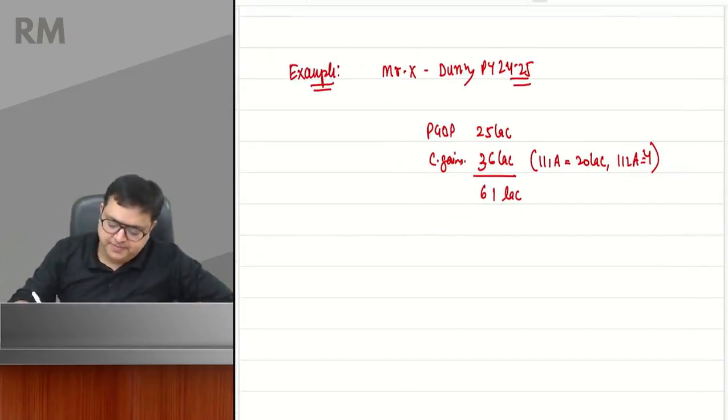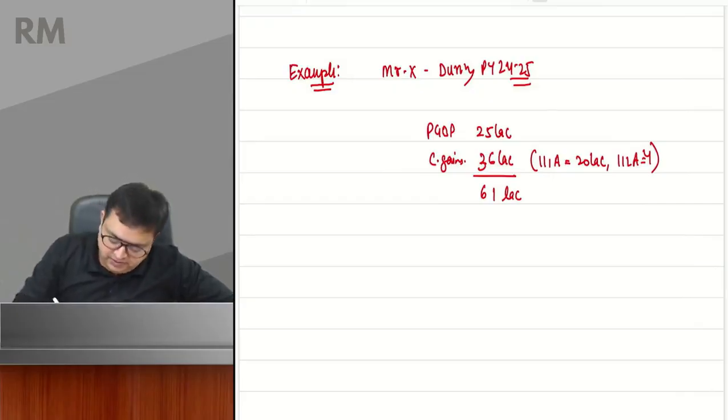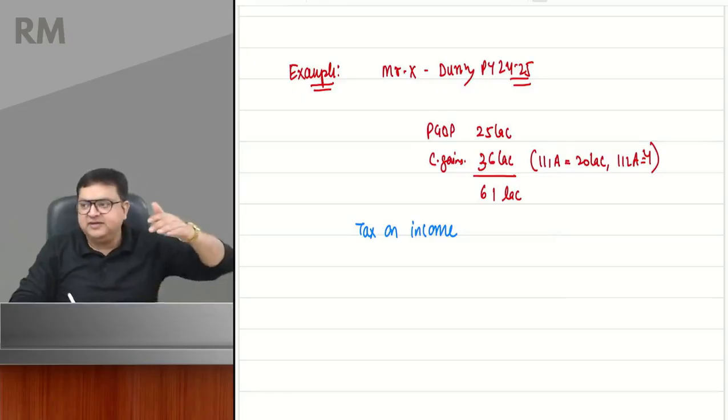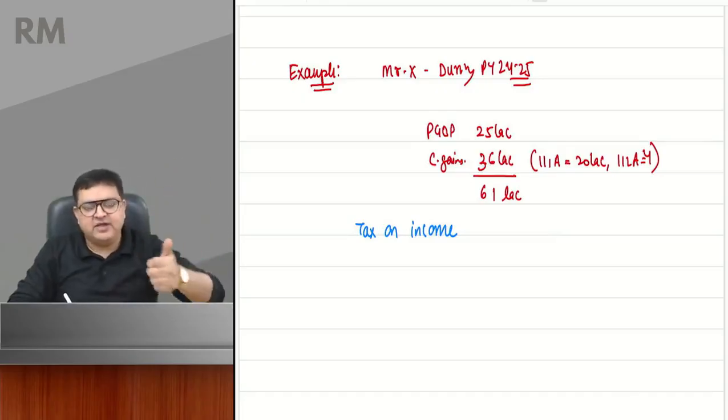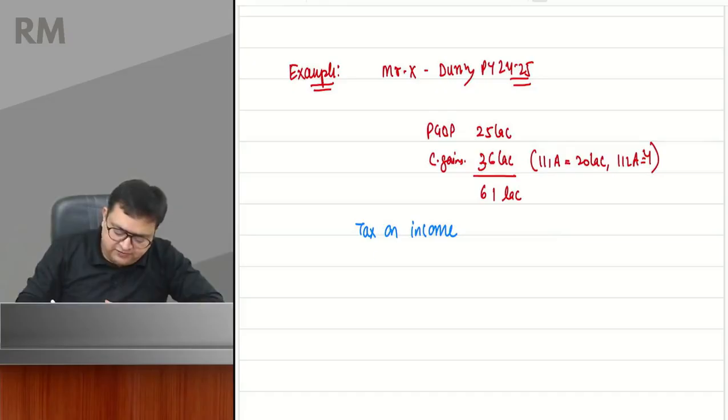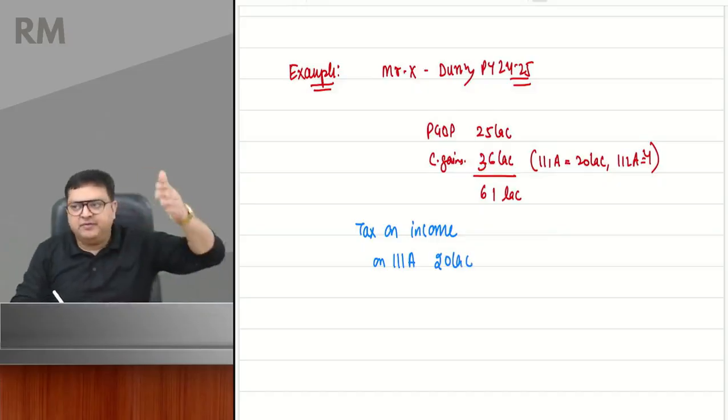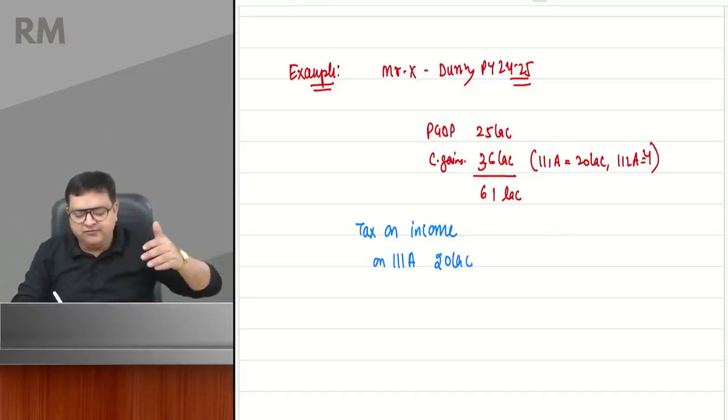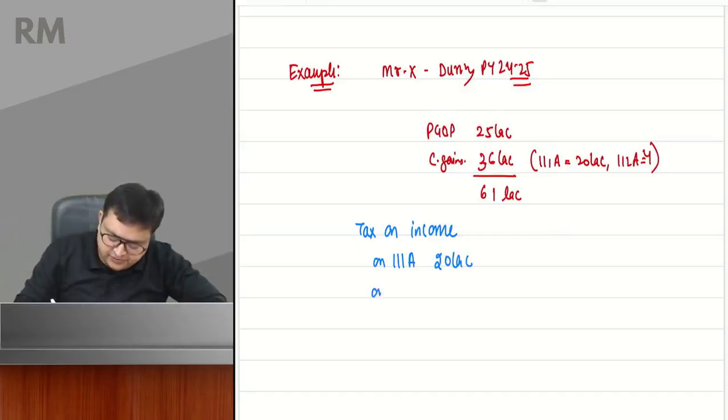Now, how much tax do we have to pay? First of all, you will compute the tax on income. First we will see, do we have any special income? Yes. On 111A, it is 20 lakh. 112 we don't have. 112A we have, it is 4 lakh.